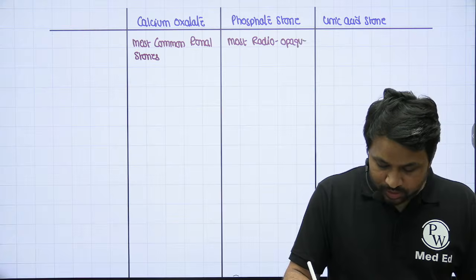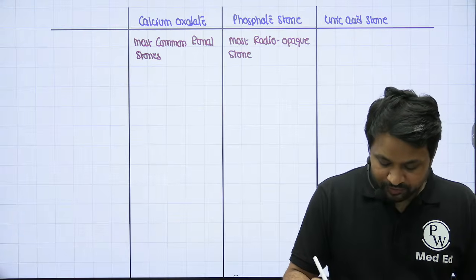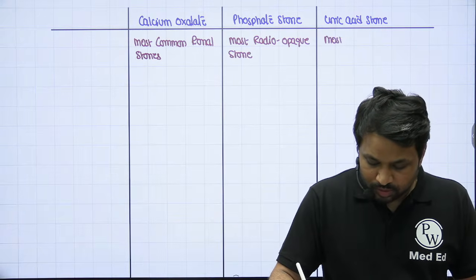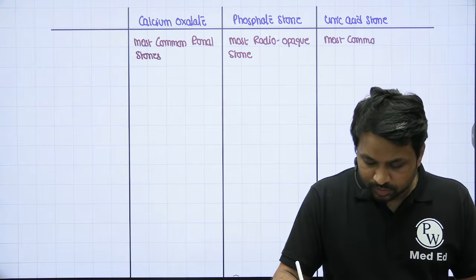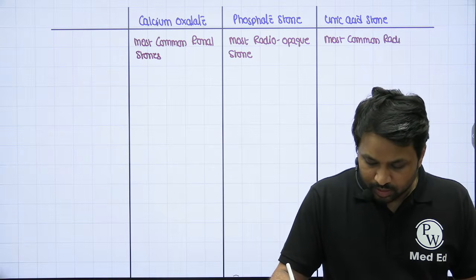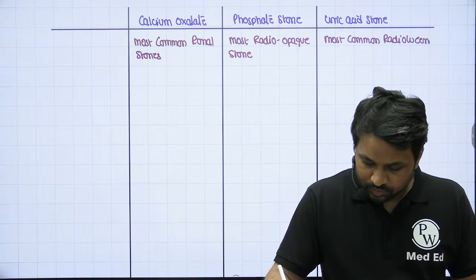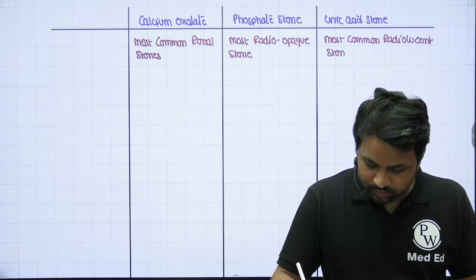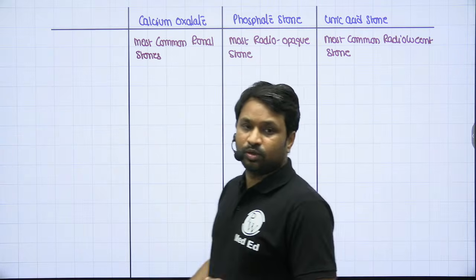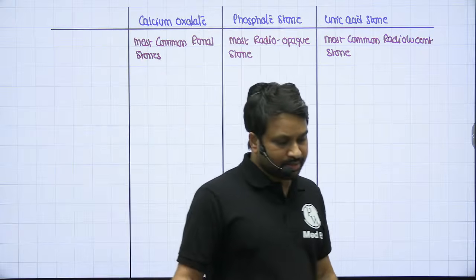The most radio opaque stone is going to be the phosphate stone. The most common radiolucent stone is the uric acid stone.